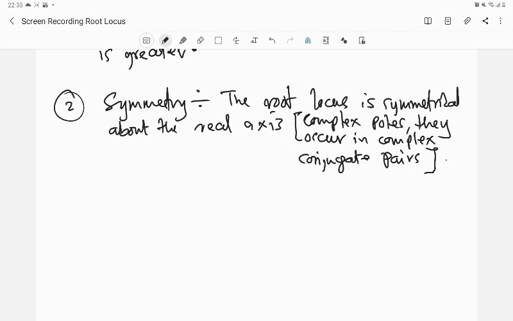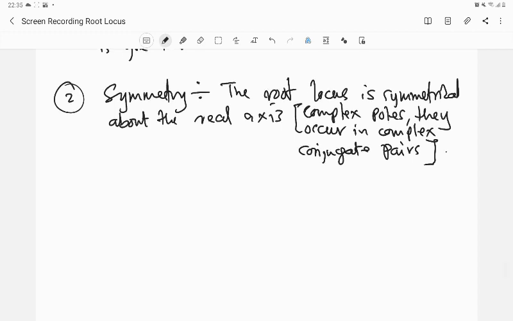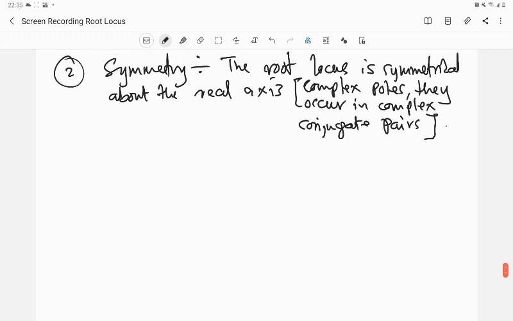If you have any complex pole in there which is not a complex conjugate, then you are going to have some complex or imaginary coefficients for the characteristic equation, which is not the case with the systems that we are dealing with. Okay.